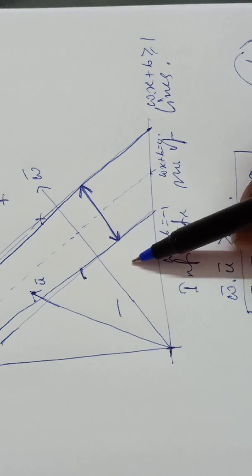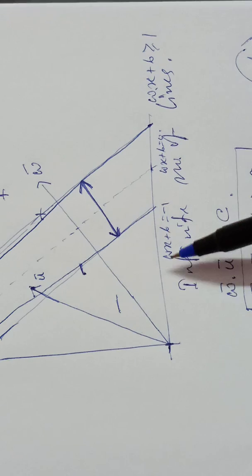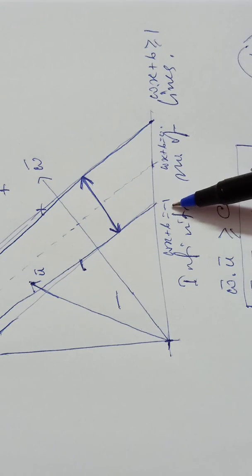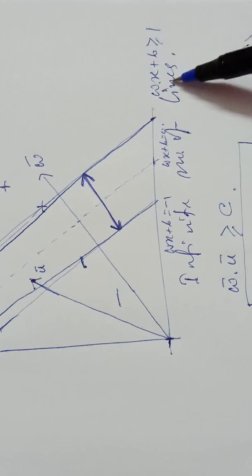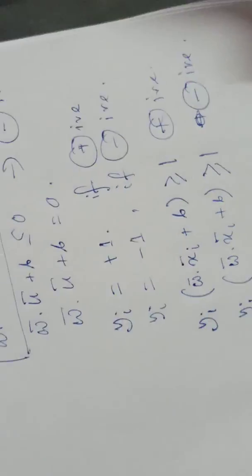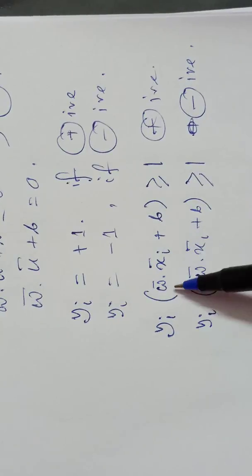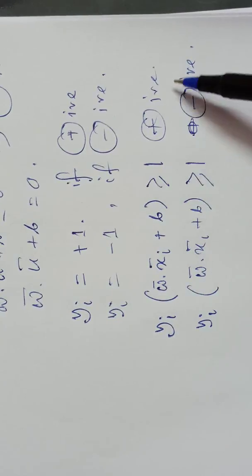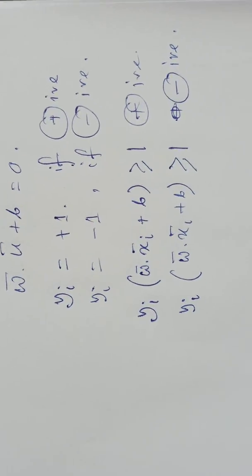Here, if a negative class, then yi is minus 1. So if we multiply minus 1 with minus 1, it will be plus 1. If we multiply plus 1 with plus 1, it will also be plus 1. Therefore, yi into this is greater equals to 1 for positive class, and greater equals to 1 for negative class also.